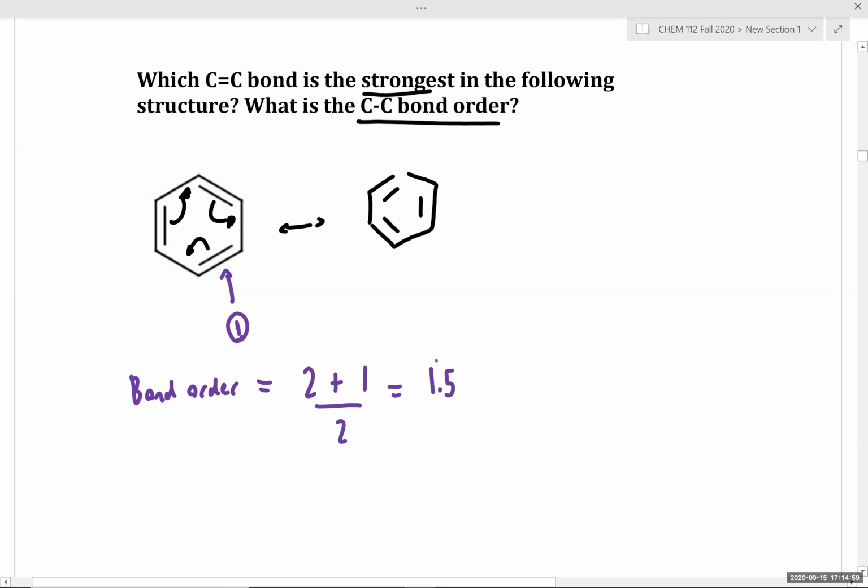So the carbon-carbon bonds in benzene are not quite double bonds, but they're certainly stronger than your typical single bond. There are a few other factors at play that make the bonds found in benzene a little bit stronger than usual, but we'll talk about those a little bit later on in this class.